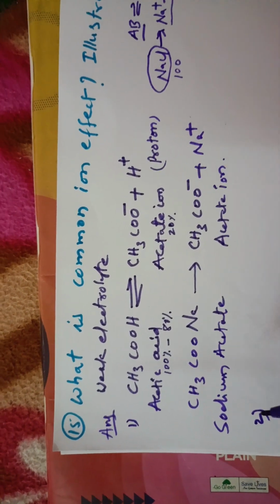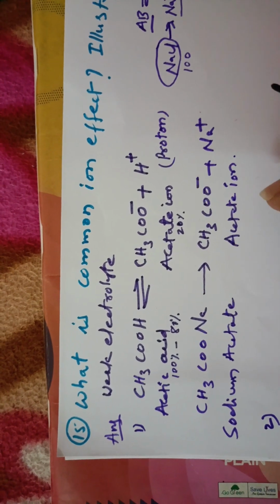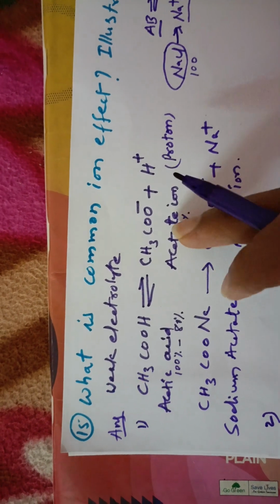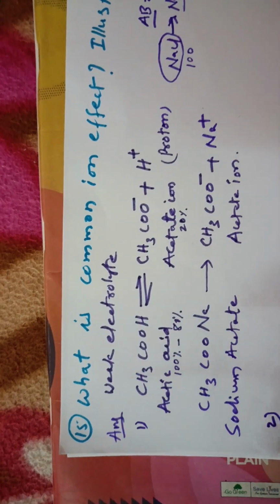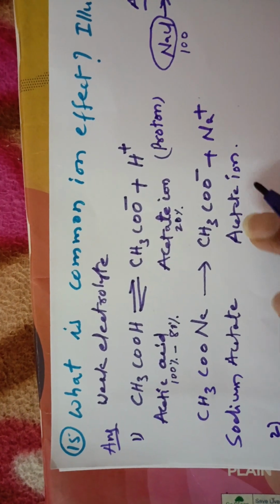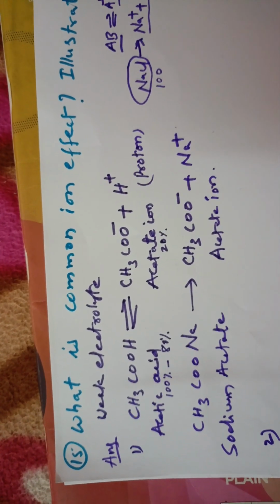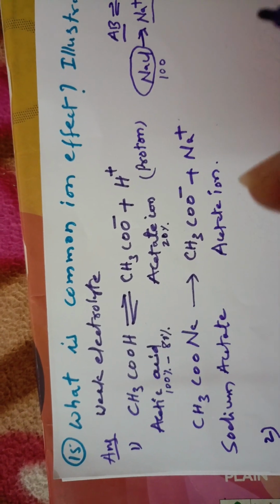That is one point. And the third point, this common ion, the acetate ion, combines with H plus ion and forms acetic acid, so the degree of dissociation is decreasing. That you have to write. If you read the material about this common ion effect, then you can understand easily.